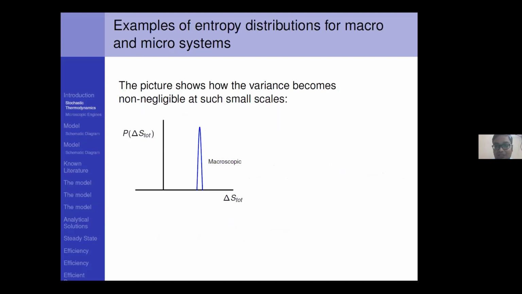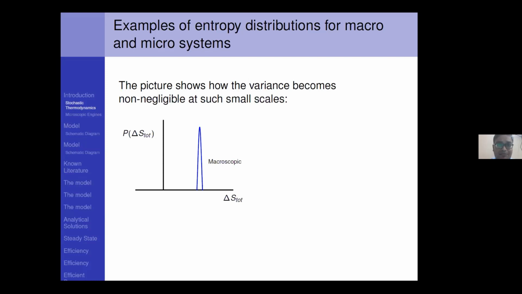Okay. Now let us analyze this behavior in more detail. Suppose we generate a histogram of thermodynamic quantities by performing an experiment repeatedly. Consider an experiment with a macroscopic object, where we are measuring the entropy, and we are performing this experiment 10,000 times.